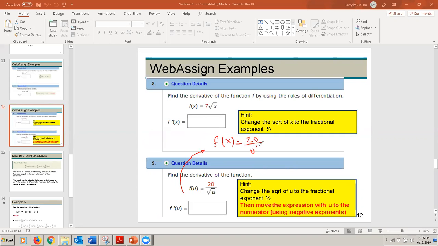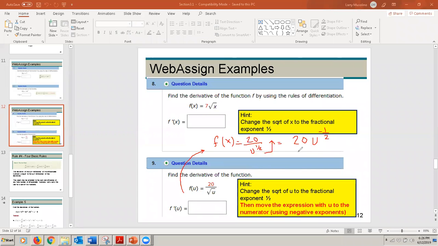But what I'd also like to do is move this u to the 1/2 up to the numerator. And I want to make this look like the power rule. So if I want to move an expression from the denominator to the numerator, I could do that by flipping the sign on the exponent. So I could rewrite this as 20u to the negative 1/2.